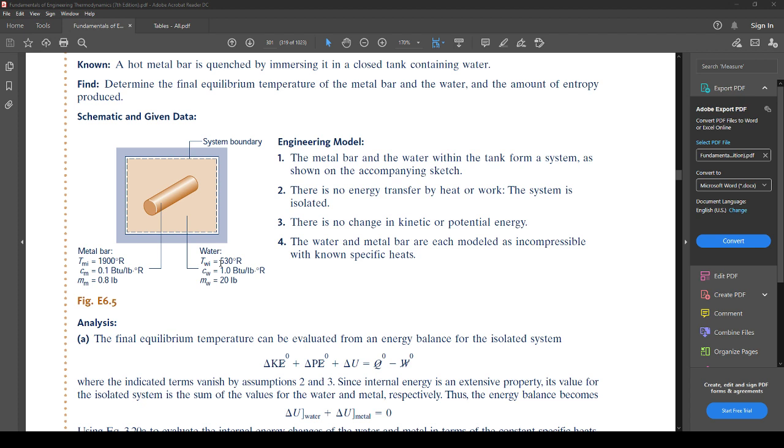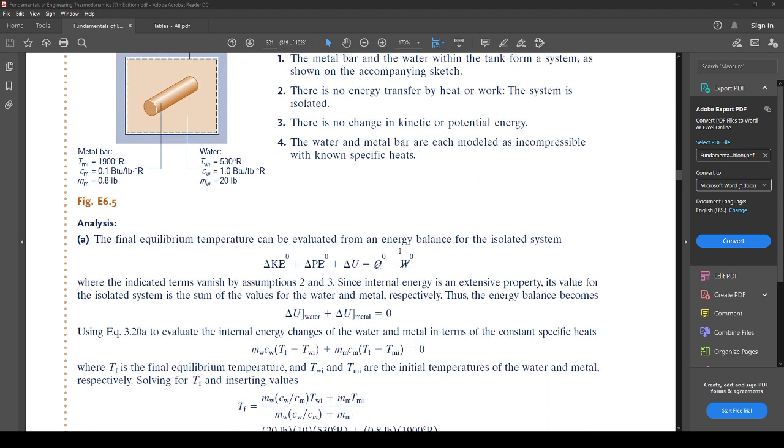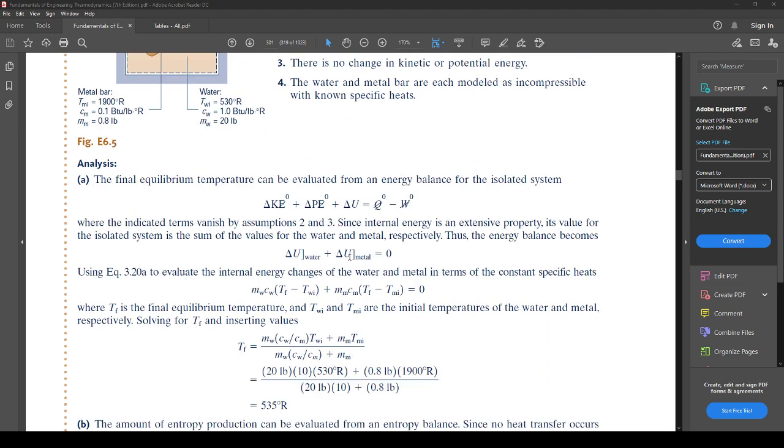So any energy loss from this bar is going to go to the water, until it reaches some equilibrium temperature. So they have to be equal to each other. The loss of energy of the metal has to be equal to the gain of energy of the water. It doesn't leave. We're just saying it doesn't leave because it's really well insulated.